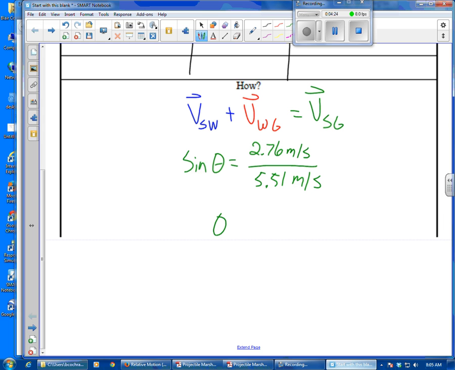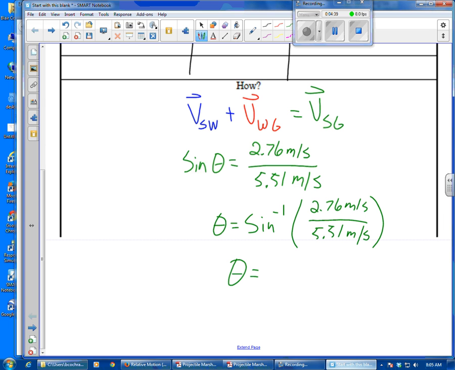So theta is the inverse sine, or the arc sine, of 2.76 meters per second over 5.51 meters per second. Plug that into my calculator, making sure that I'm in degrees, and I get 30.1 degrees.